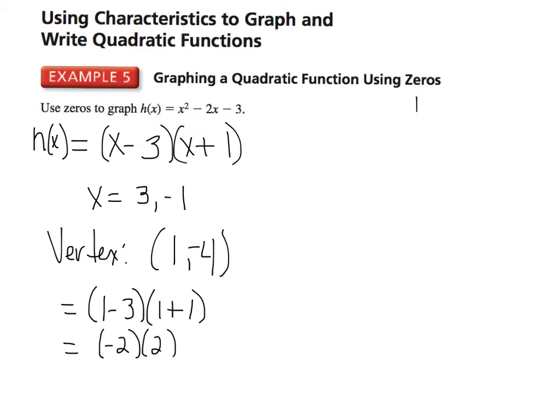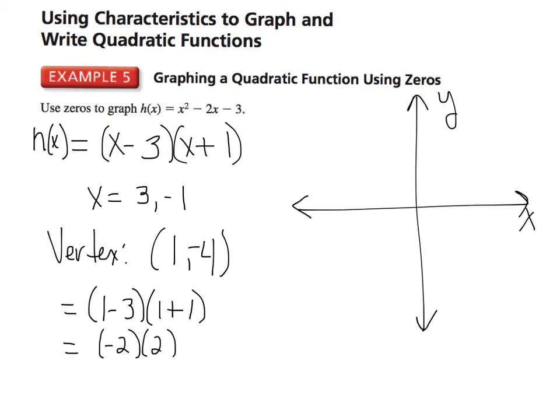So if I graph this, I'm just going to make this a really rough graph. So that would give me my intercepts of 3 and negative 1, and my vertex at (1, negative 4).